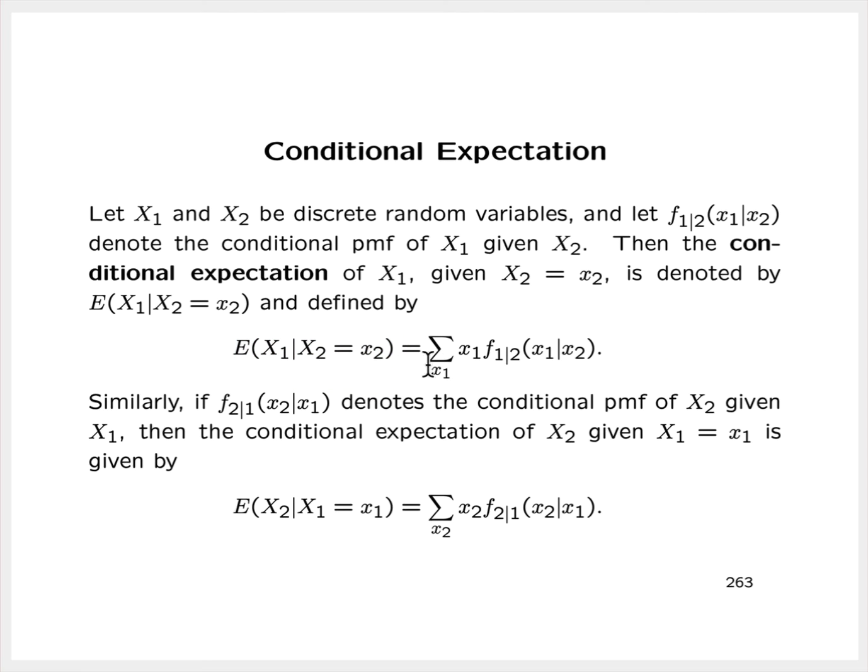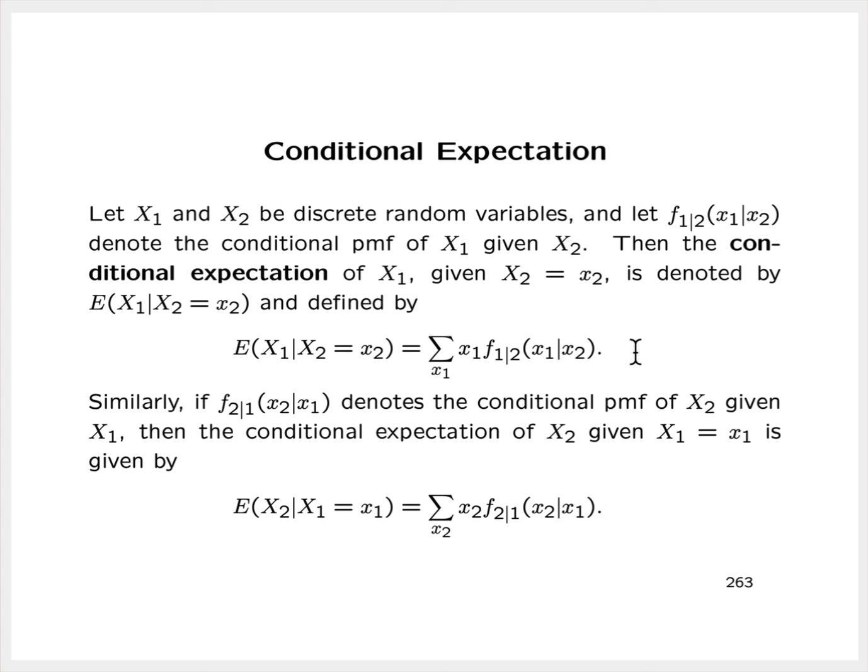Now, let me just point out here as we go forward that the notation is going to get a little bit more involved and a little bit more cumbersome. But the concepts that we're going to be looking at here are exactly the same as the concepts that we looked at when we looked at expectation using univariate distributions and when we looked at multivariate distributions previously. The only difference is the notation.